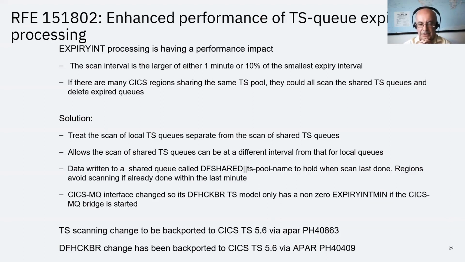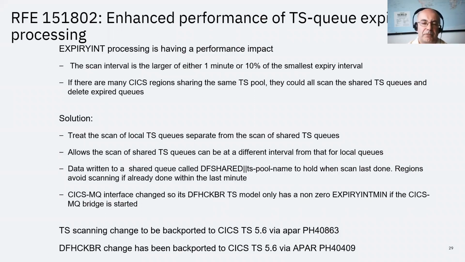The second enhancement is to solve the problem that if you've got shared TS, then you could have multiple regions all trying to do the same thing at the same time and get rid of expired queues, which is pretty inefficient. You only need one to do it. So we've changed the algorithm to write some metadata out to a shared queue, which we call DF shared, concatenated with the pool name.